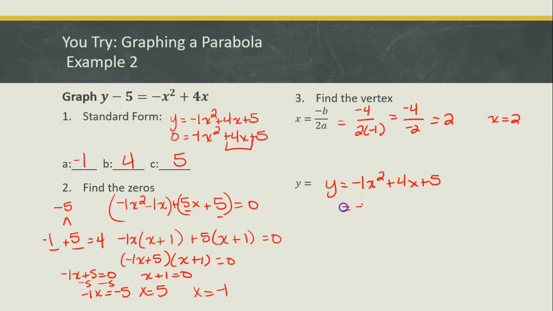We now know that x is 2, so it's negative 1 times 2 squared plus 4 times 2 plus 5. We do exponents before we multiply. 2 squared is 4. 4 times negative 1 is negative 4. 4 times 2 is 8. Bring down the plus 5. Negative 4 plus 8 is 4. 4 plus 5 is 9 there.